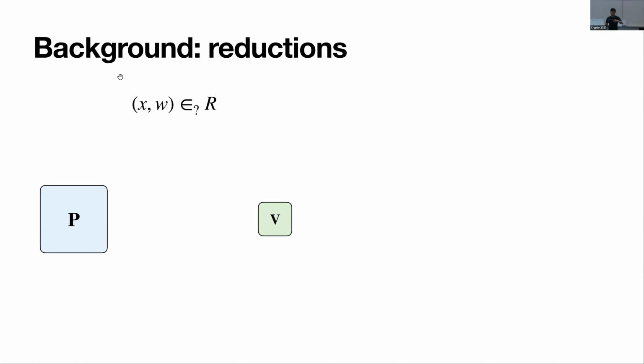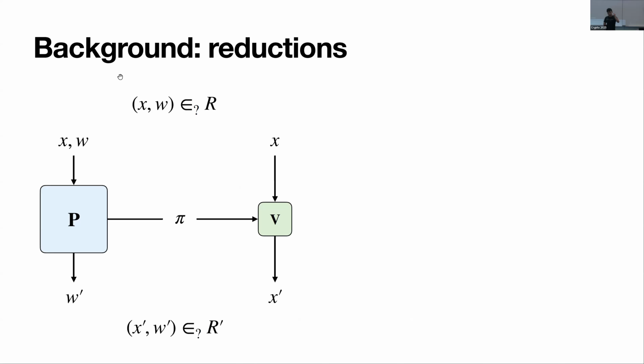So first, let me introduce a reduction. A reduction is, again, a proof system. But in this case, our goal is not necessarily to verify membership in a relation, but rather just to reduce membership from one relation into a second relation. So here I start off with some claim about the instance X and the witness W, and I want to reduce this into some new claim about some new instance X prime and new witness W prime.